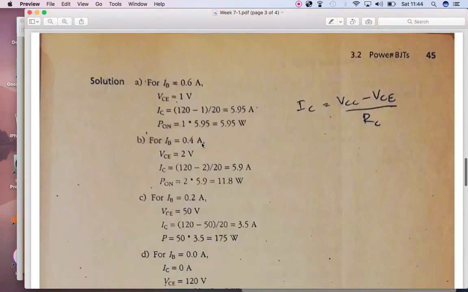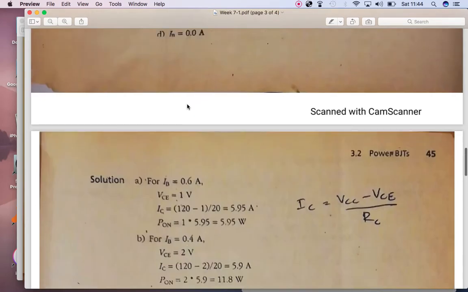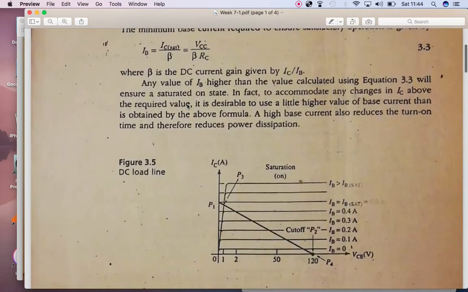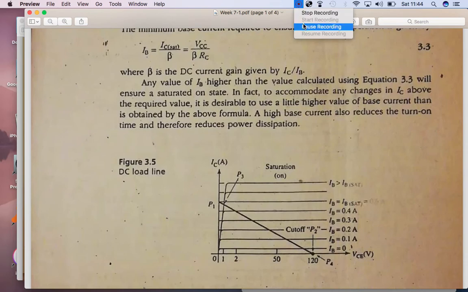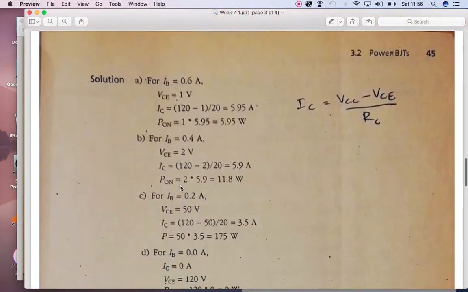Similarly we are doing it for all remaining. We are taking this value, we are looking for that value on the load line of this graph over here. For example, we have the same case over here where we have to see the figure, this figure over here, and we have different values.